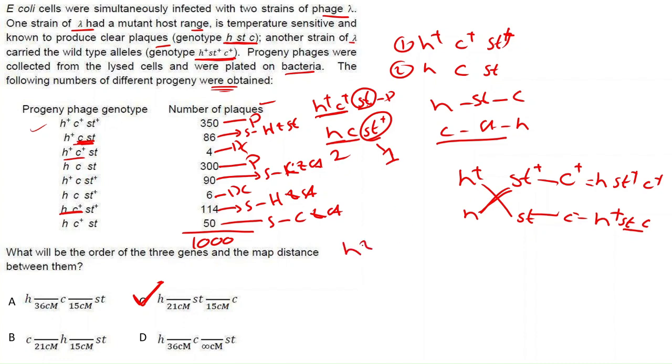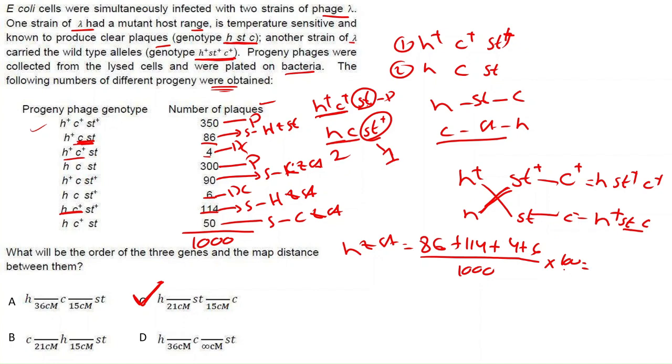So what is the distance between H and ST? The total number of single crossover products between H and ST is 86 and 114, plus the total number of double crossover products, 4 plus 6, divided by the total number of progeny, that is 1000, into 100.